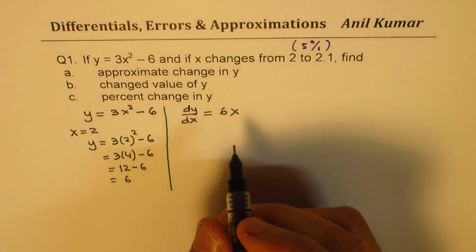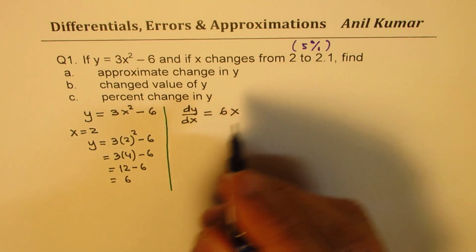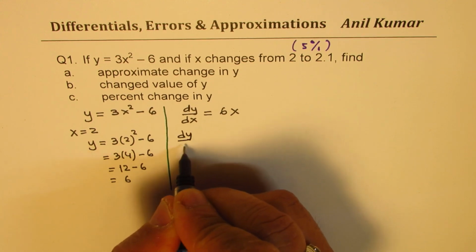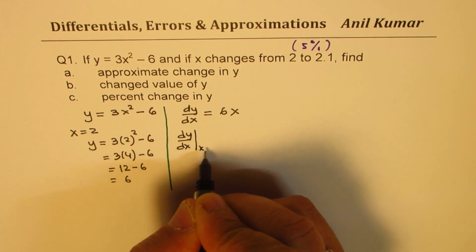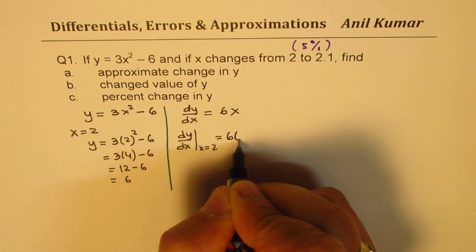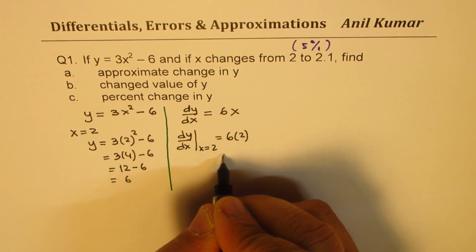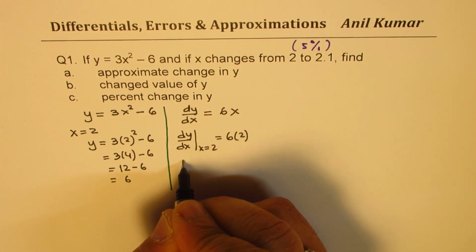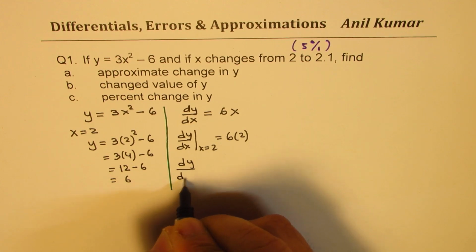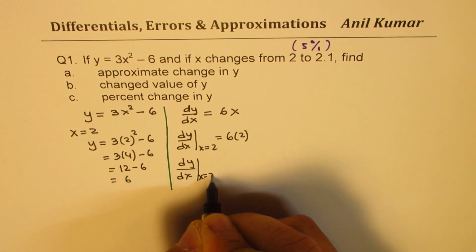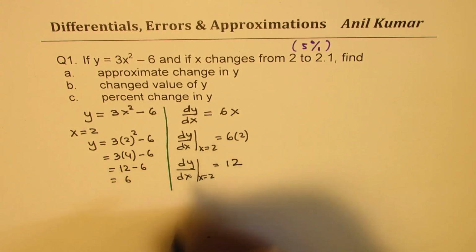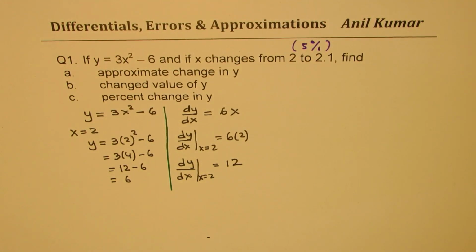Now, the derivative at x equals 2 is going to be 6 times 2, so we get the derivative or rate of change at x equals 2 is equal to 12, correct? So that is dy/dx at this point.